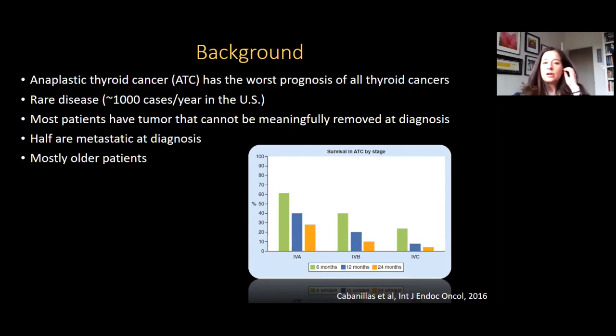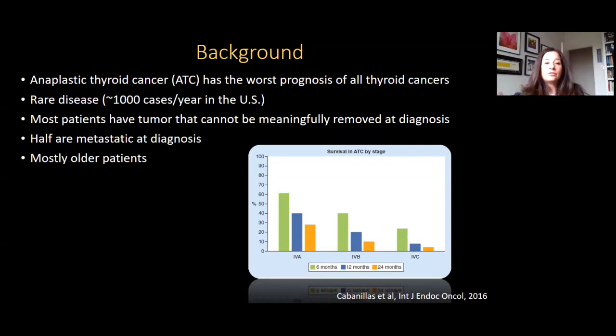So we don't usually do debulking, where we just take out part of the tumor. And we do not like to do laryngectomies on these patients. At least at this time, we don't feel that is a good strategy. Half of the patients at the time of diagnosis already have metastatic disease.